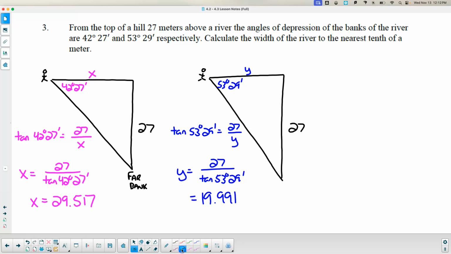And then your width of the river is going to be x minus y. And that gives me 9.526 meters.